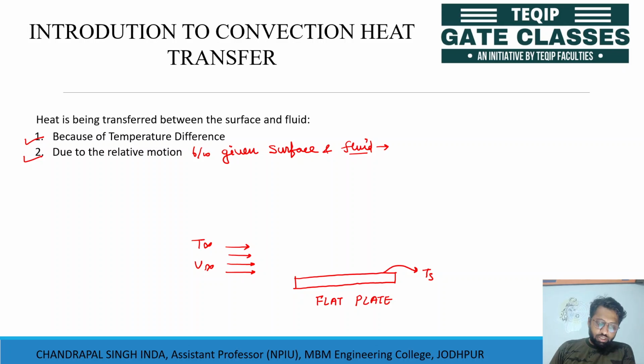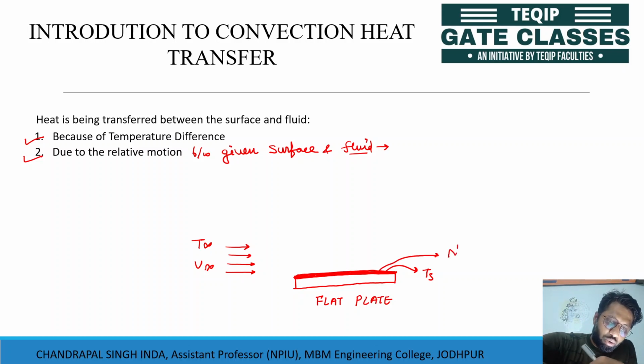So as the fluid stream comes in contact with the solid surface, the layer of fluid which is in contact with the flat plate has the same velocity as that of the flat plate. This condition is due to the no slip condition.